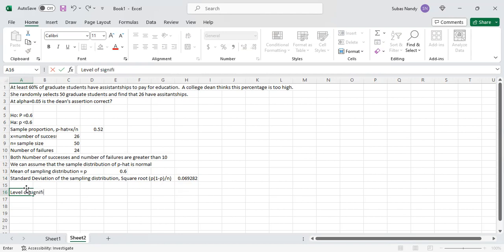Now, remember the level of significance, that is alpha equal to 0.05, and that is equal to the maximum probability of rejecting H0 when it is true.